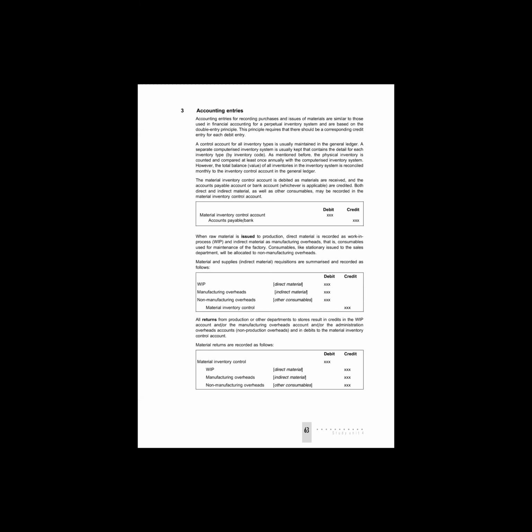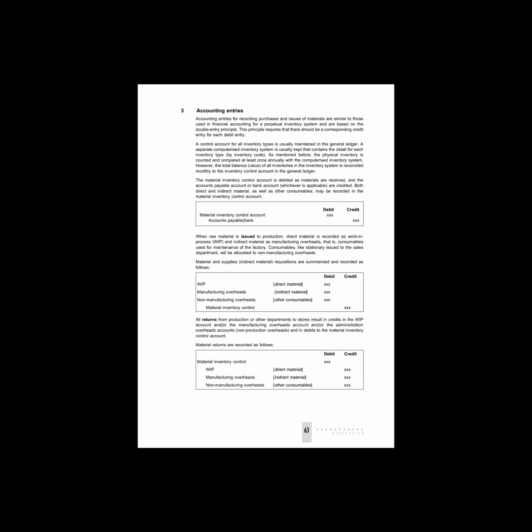So if the direct materials that we issued there are being returned back to the storeroom, then we reverse the journal. The previous journal was a debit to the work in progress and a credit to the materials inventory. So we want to reverse that now. Then we do a debit to the materials inventories account, then we credit the work in progress account. So we are basically removing it from that account.